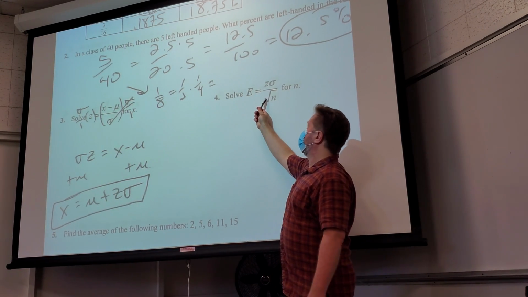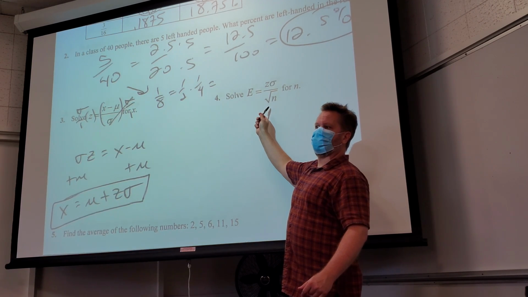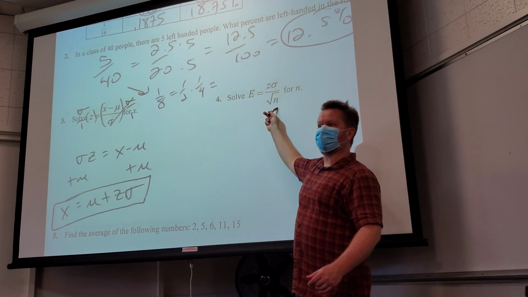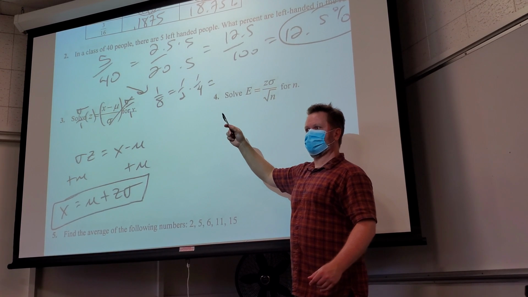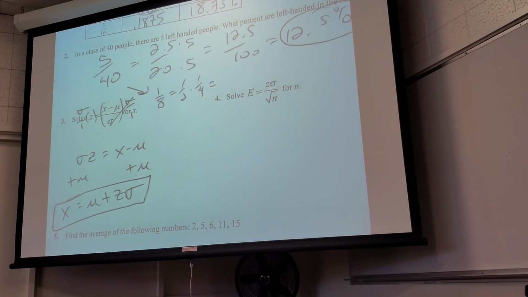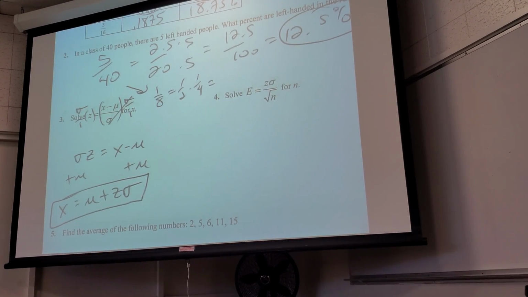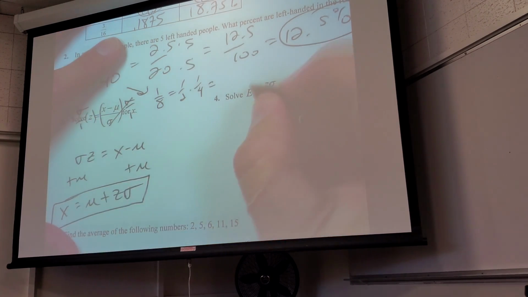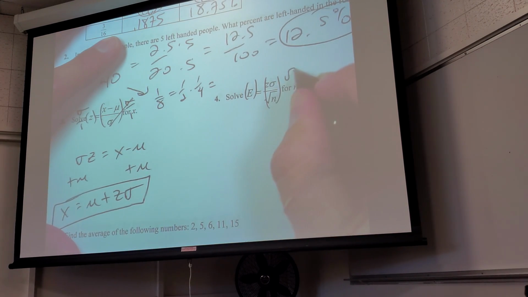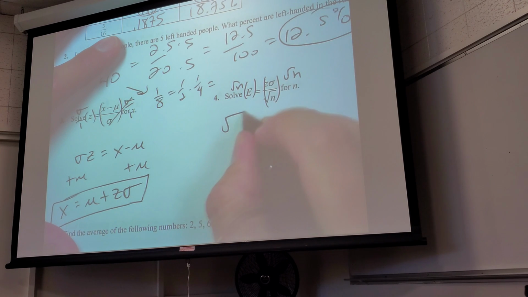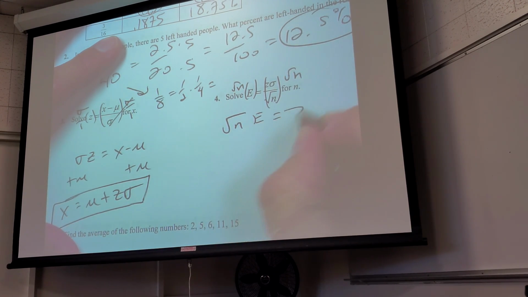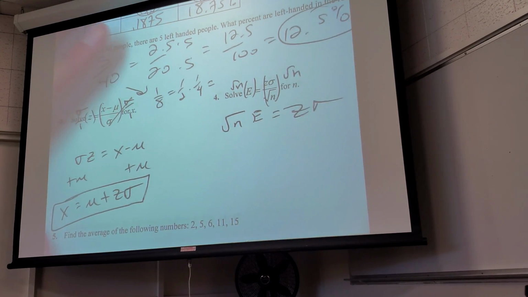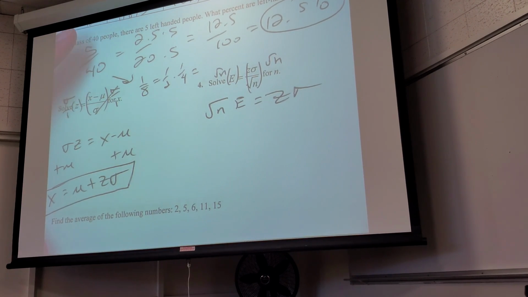So let's multiply both sides by square root of n, so it's not down there anymore and not freaking us out. All right. So if I multiply both sides by square root of n, you guys with me?